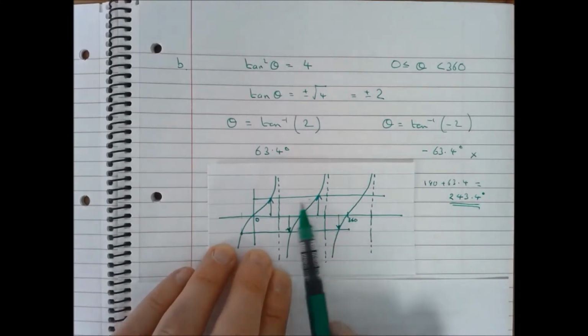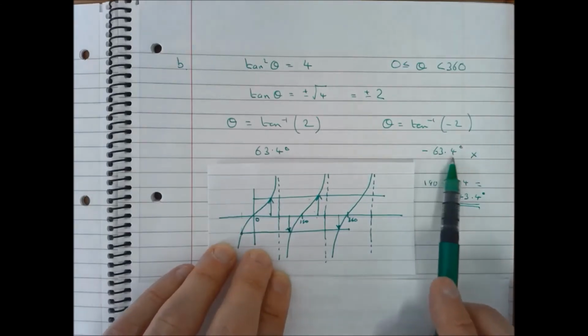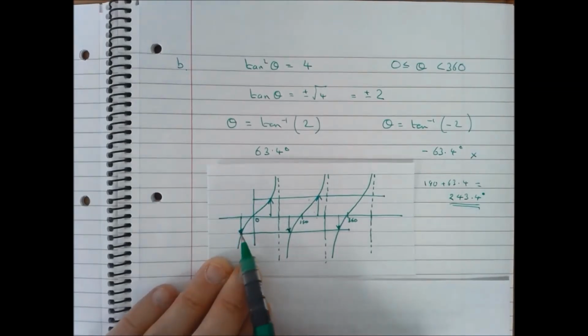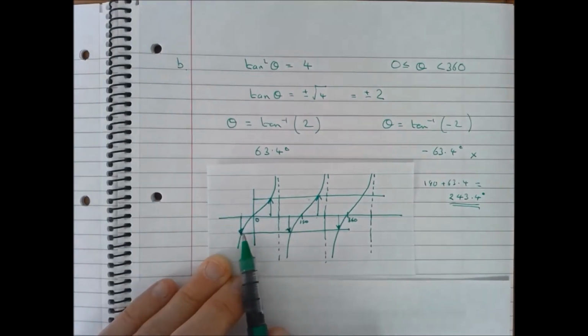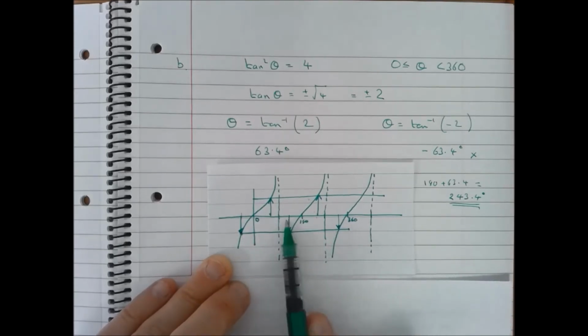I have to take into account this solution here, where theta is equal to negative 63.4. So although this solution here is outside the range, if I sketch the graph of y equals minus 2, I do have alternative solutions here which are within my interval.